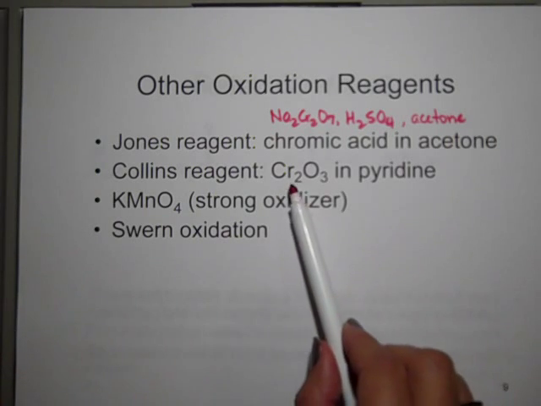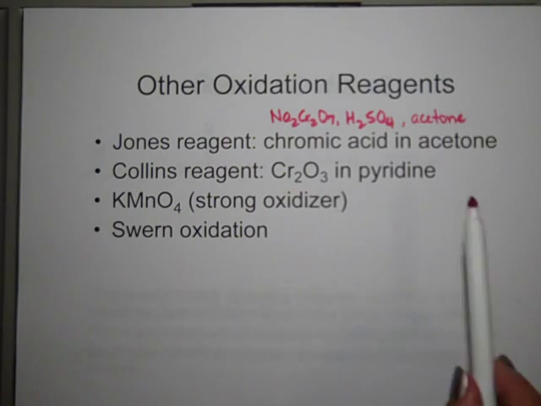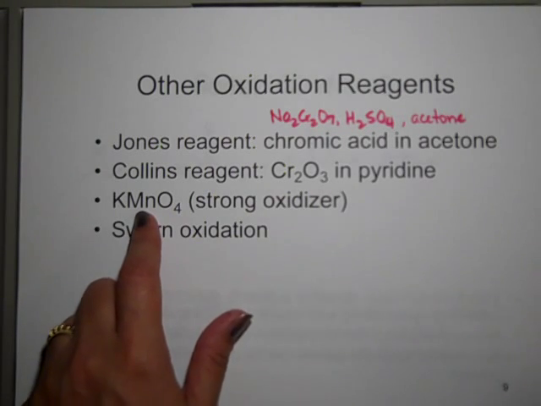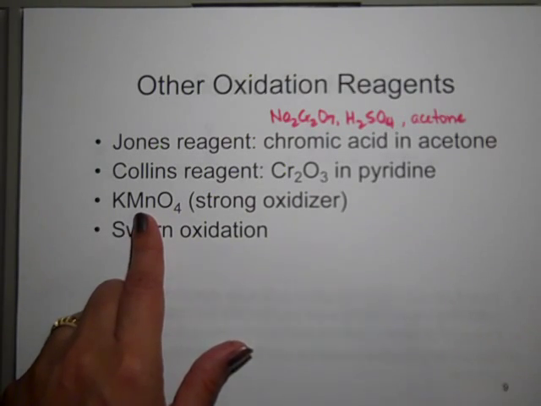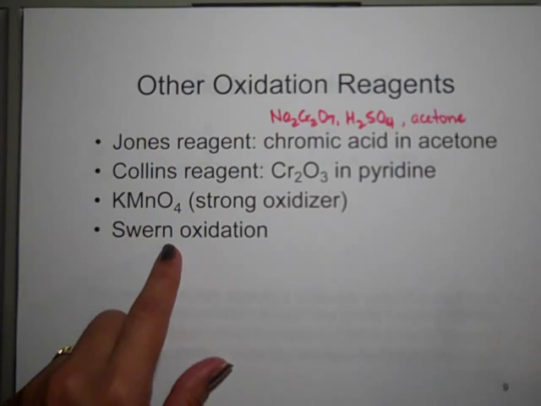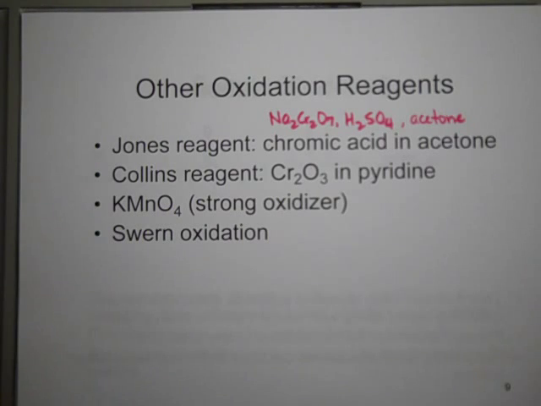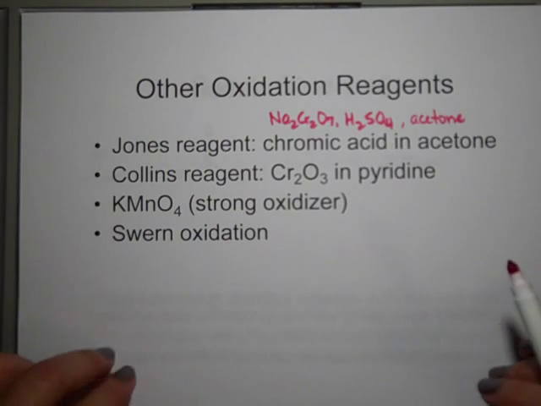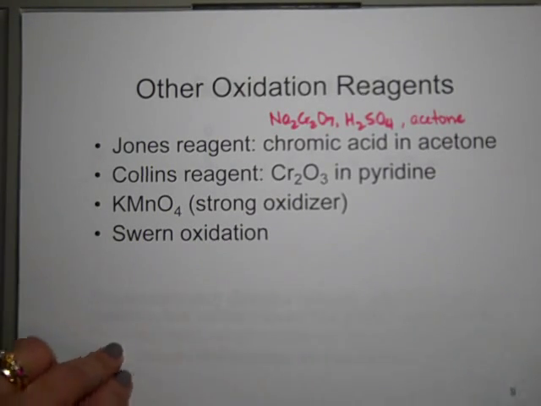The Collins reagent is the chromium oxide in pyridine. You could use potassium permanganate. Potassium permanganate is a strong oxidizing agent, and it will take the primary alcohol all the way up to the carboxylic acid. Swern oxidation, it's a gentler oxidation. I'm going to show it to you in the next slide.